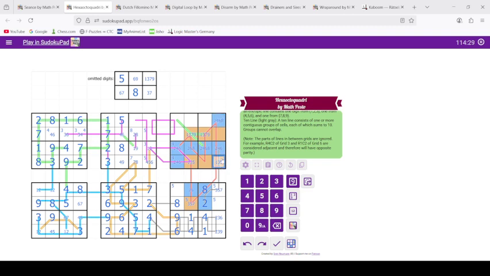If this were a 5, 7, 3, yeah, that works, but if this were a 6, 1, 3, yeah, that works as well. I'd love for this to be a 7.